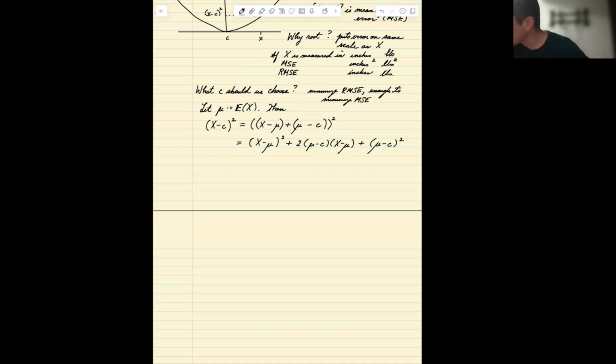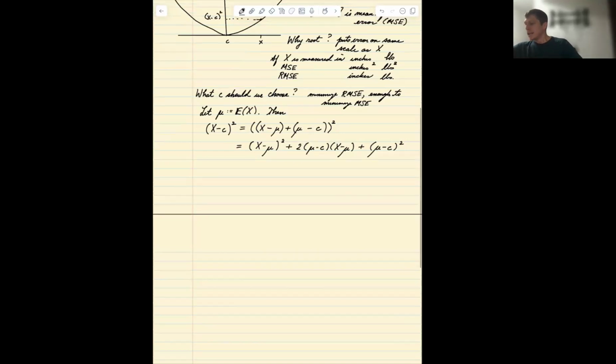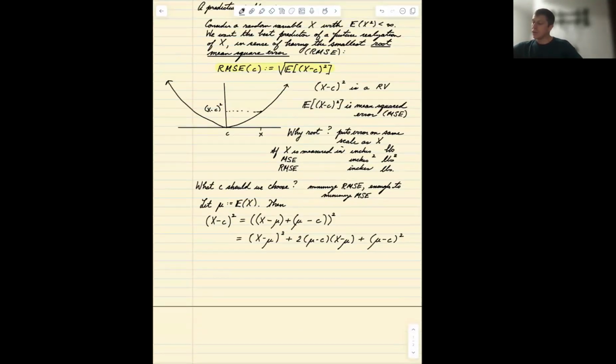I mentioned that for calculation purposes, it's often easier to work with the mean squared error. We don't have to carry around this square root. So that's what we work with here, because to minimize one is to minimize the other.